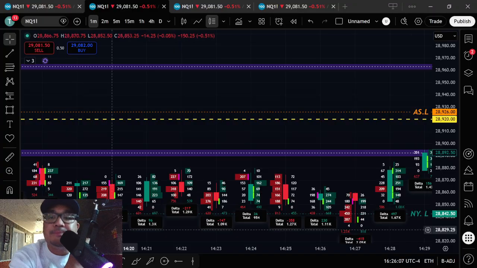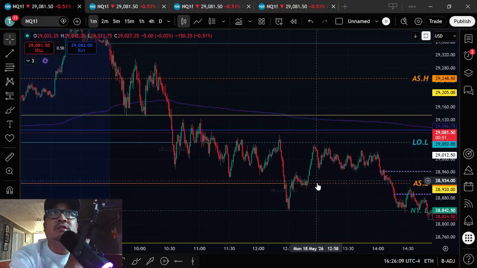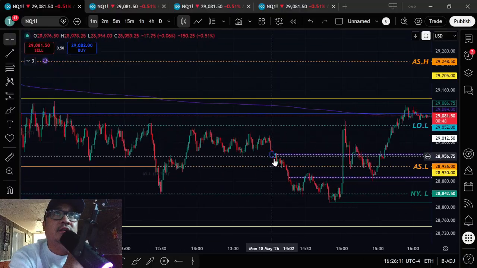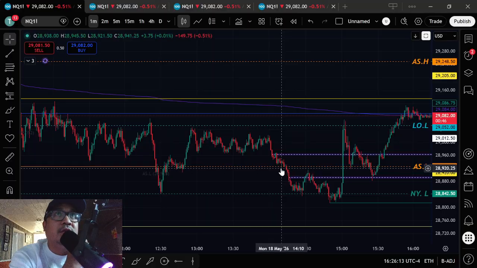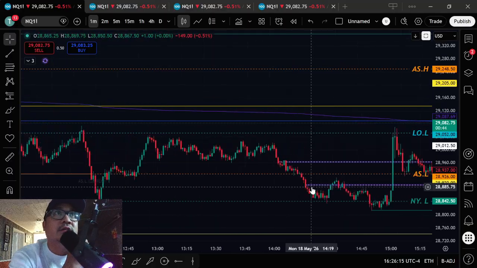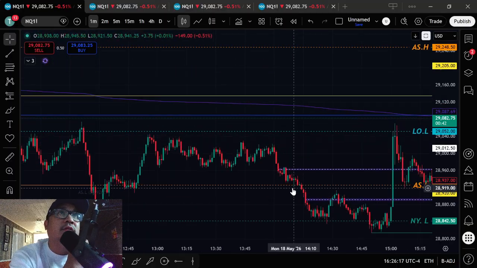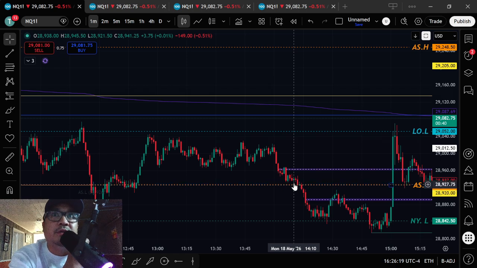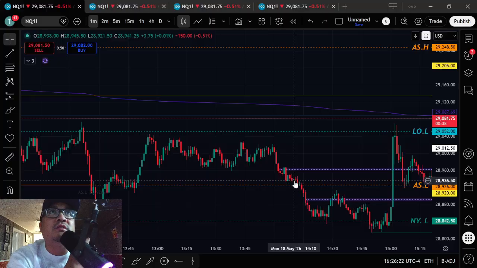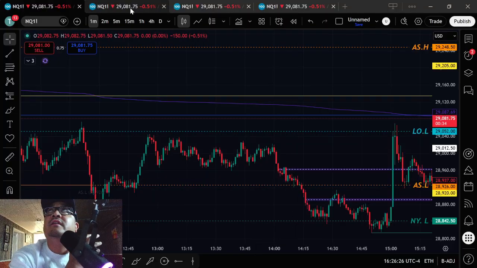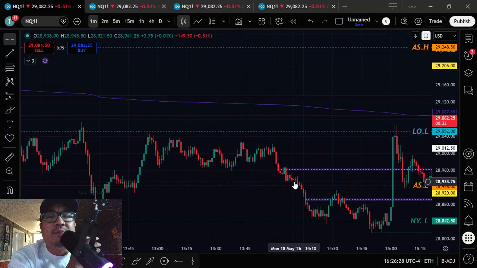Most traders just like to use these candlesticks, right? These candlesticks right here at Asia low, there's this hammer and everybody would be afraid, right? But in reality, when you see what's going on inside this hammer candle, nothing was really going on. There was no aggressive buying happening here. So why would you close your profits over here?